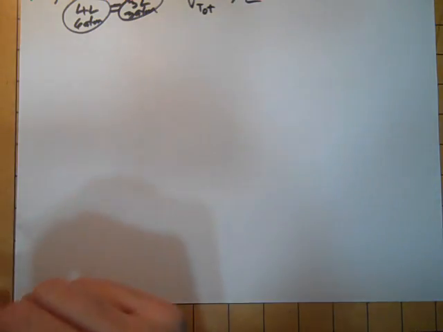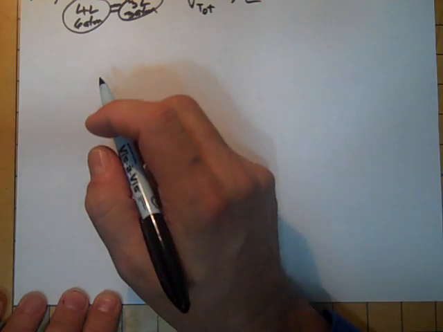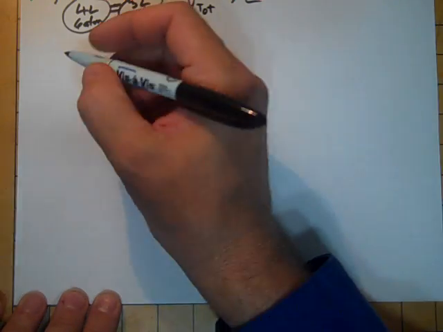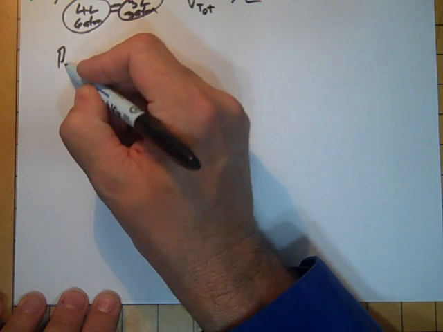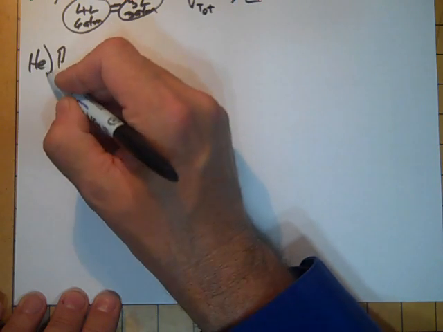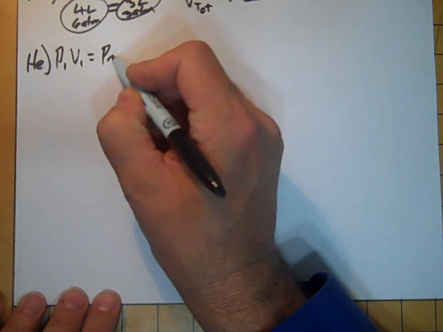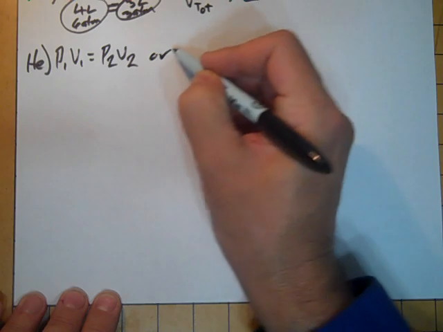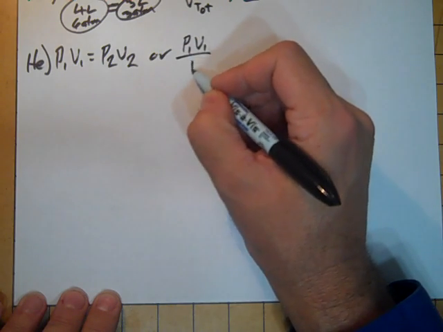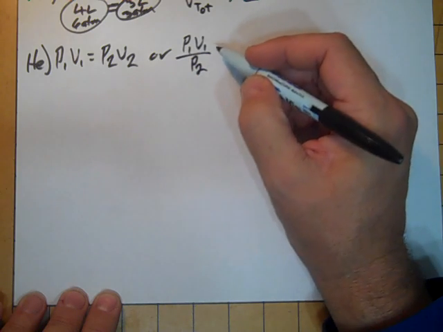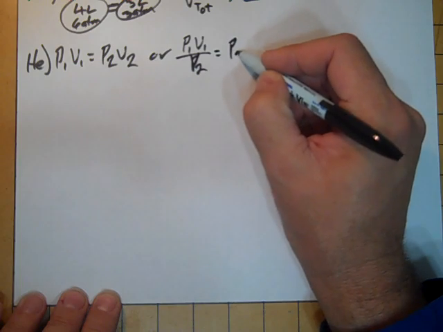So to start with, here's the pressure of the helium after the mixing. Helium: P1V1 equals P2V2, or P1V1 divided by V2 equals P2.